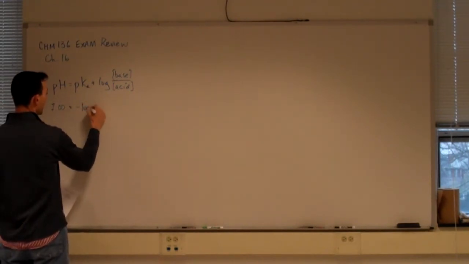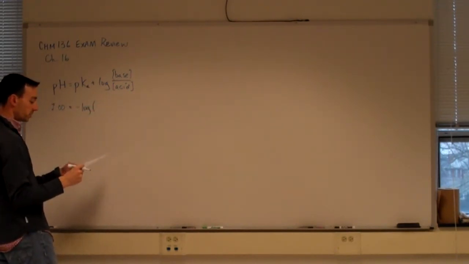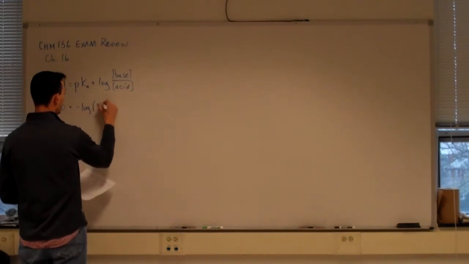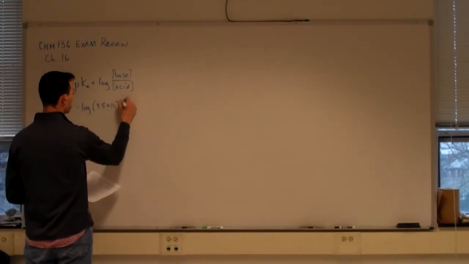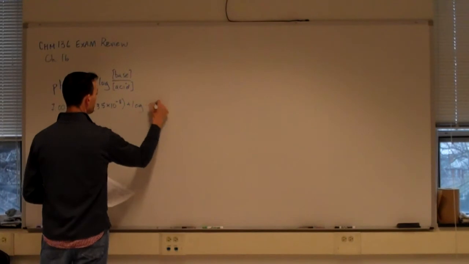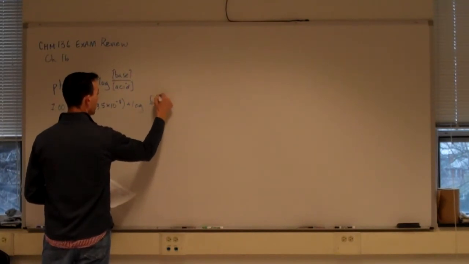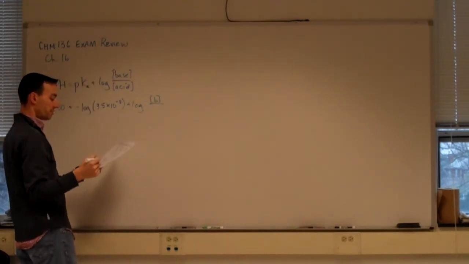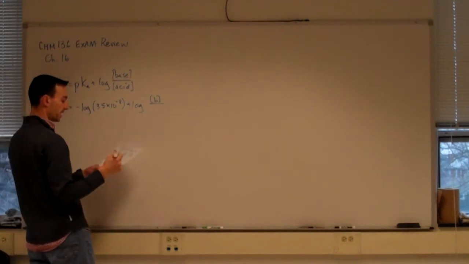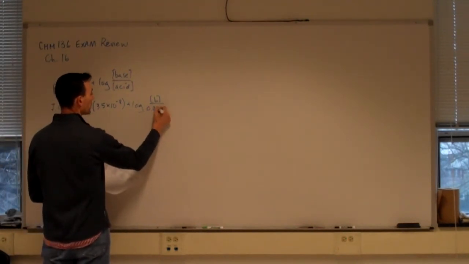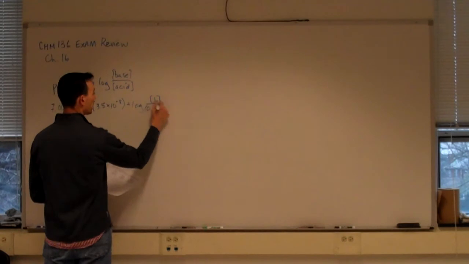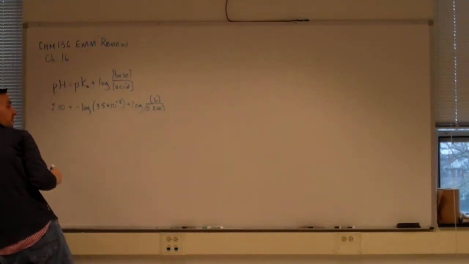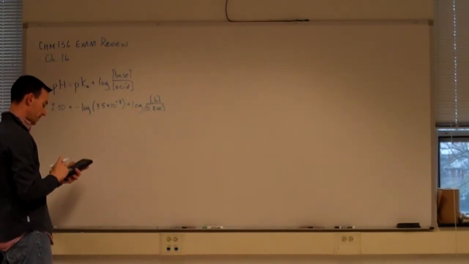The pKa would be the negative log of the Ka, which is provided, 3.5 times 10 to the negative 8, plus the log of the unknown concentration of the base, and then our acid is 0.2 molar. So first we have to do a little bit of algebra.